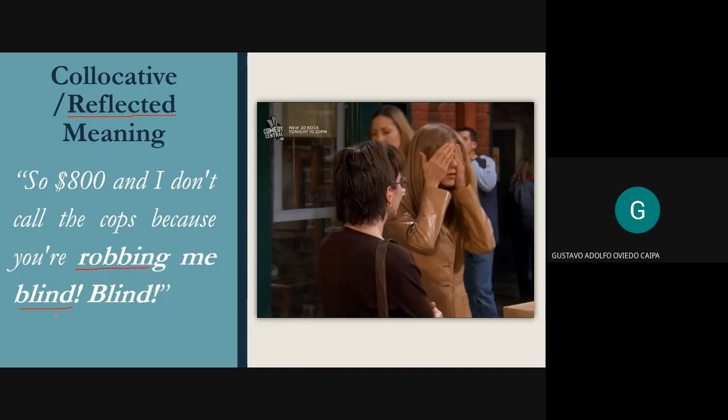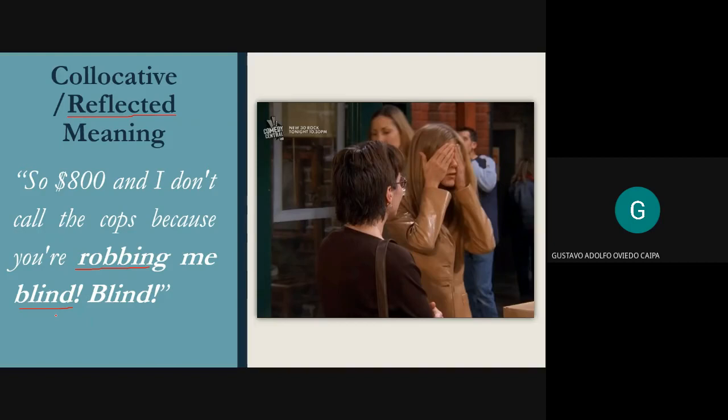It has nothing to do with your ability to see. It has to do with being, what's the word, ingenuous, being gullible, believing everything a person says, right? Being naive. That's what blind means in this case from collocative meaning.